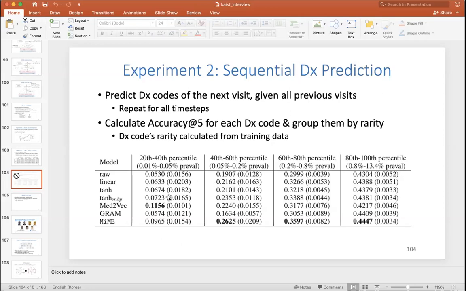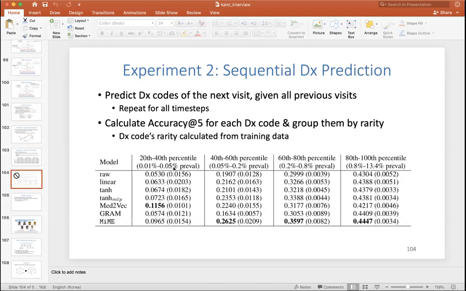Here, actually, this is a bit of an exceptional case. When we're dealing with truly rare diseases, things that have only a 0.01% prevalence rate, that means out of 10,000 patients, only one of them has this disease.